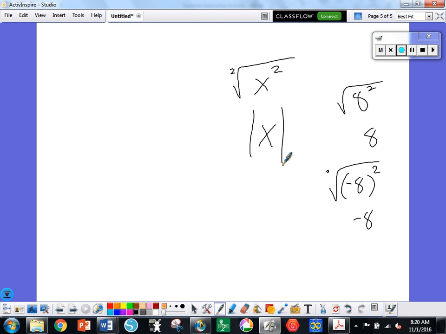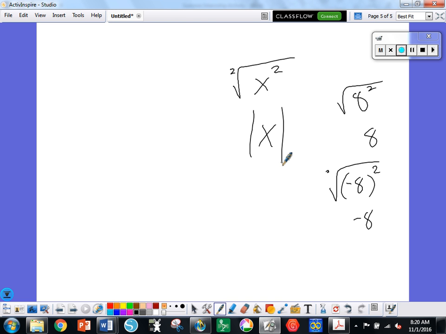Square root of 64, do we know if that's negative 8 squared or 8 squared? We don't, so therefore it's just 8. Does that make sense? But here, we don't know what that value of x is, so therefore we put absolute values around it. Exactly. So now, whether we don't know what it is, by taking the absolute value of it, does it ever matter? Because it'll always come out just to be x in general, won't it? Okay, does that make sense?